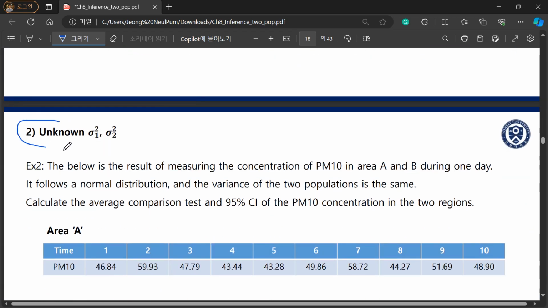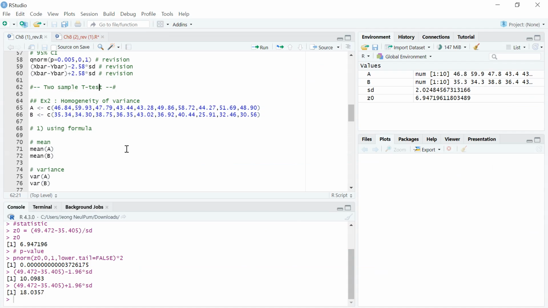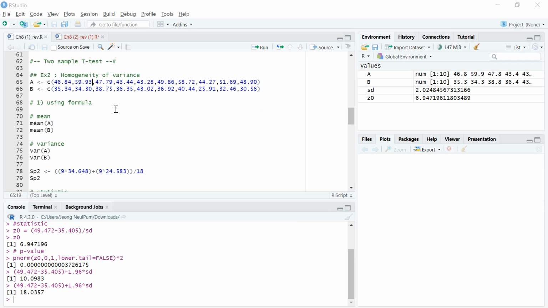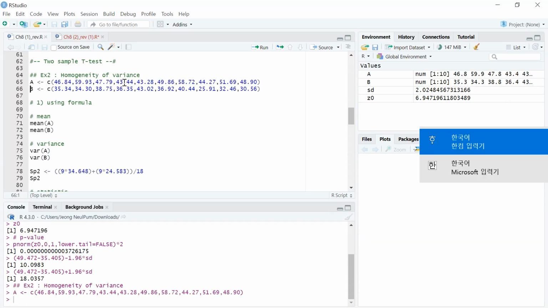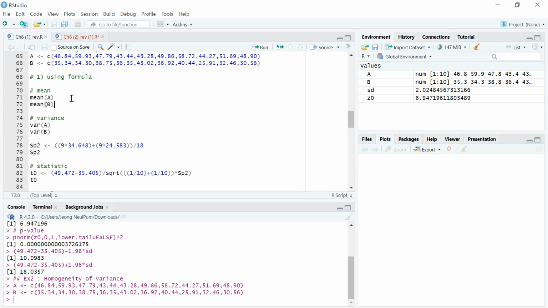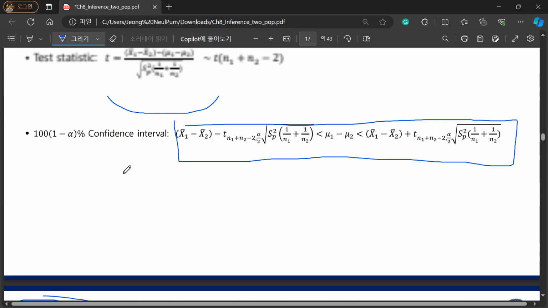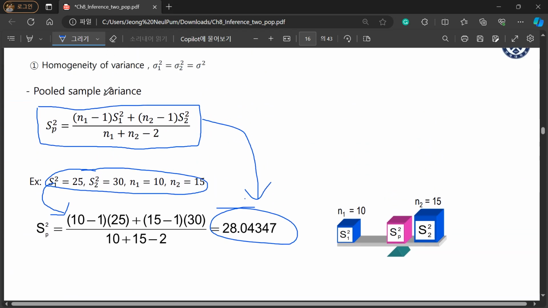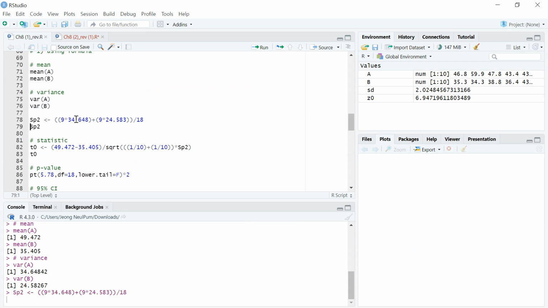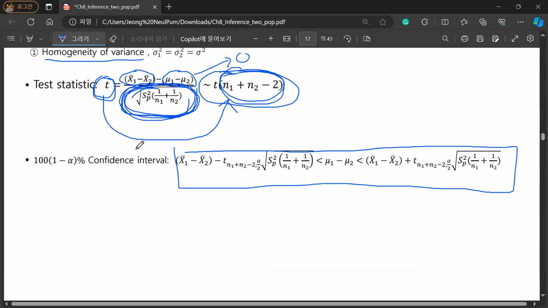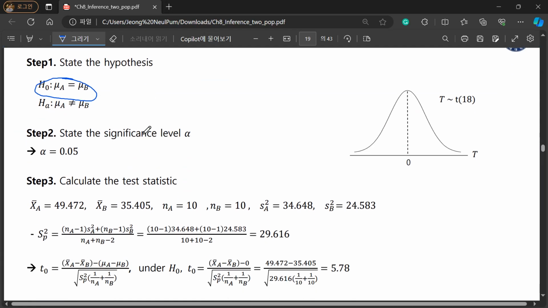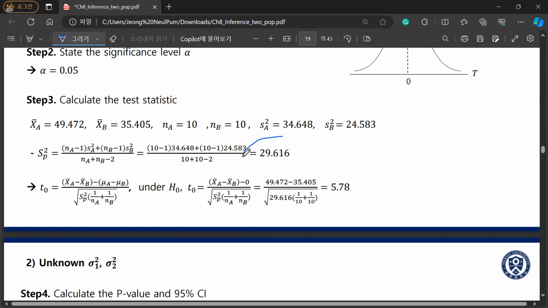So we can deal with the second example here, but it actually uses the same sample, so the mean and variance are the same as each other. By using this formula we can get the pooled sample variance, which is 29.6155 here, which you can see here.